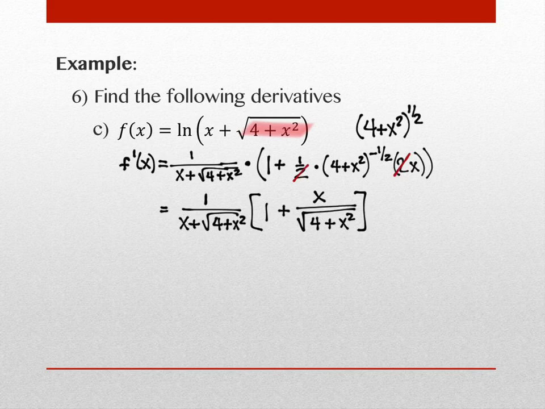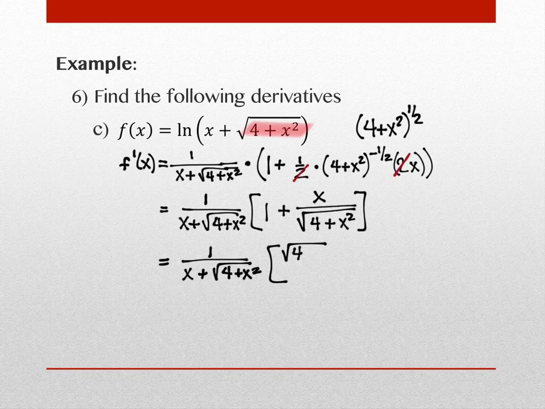The part that's in the brackets, though, let's get that to have a single common denominator to start with, and then you'll see something lovely happen. Because it is just 1 plus that, the common denominator is simple. It is just the same denominator that's already there. So when I get that common denominator, this first piece will have 4 plus x squared as a numerator, plus the x that was already there. And the denominator will be the square root of 4 plus x squared.